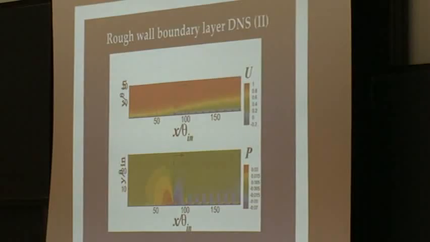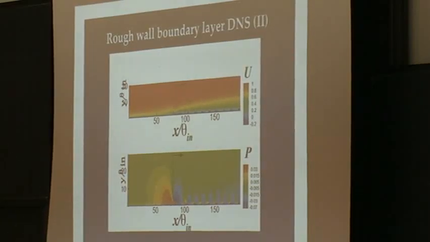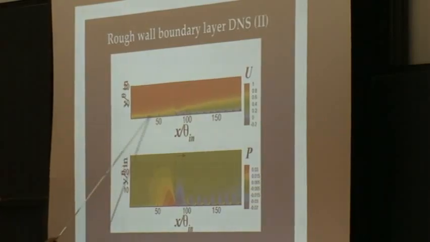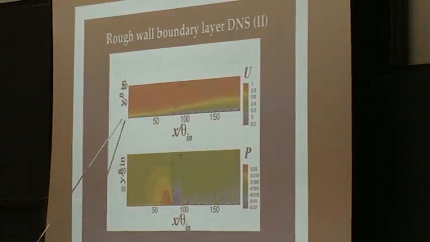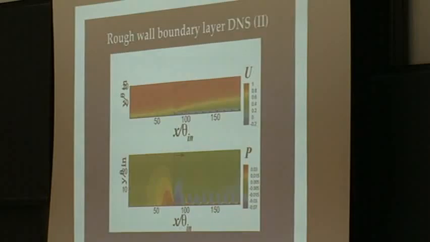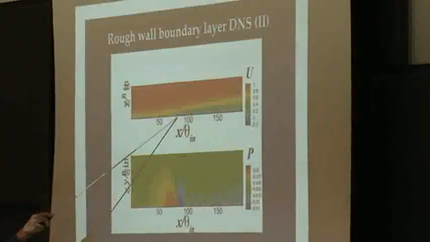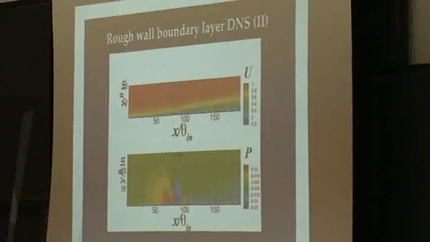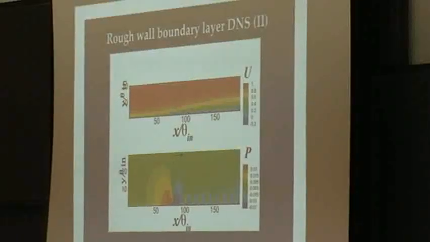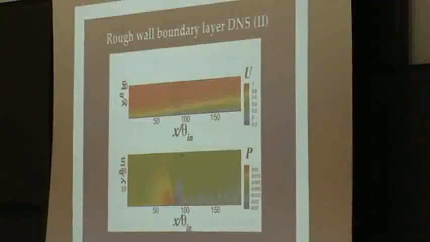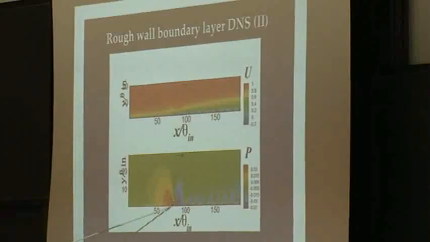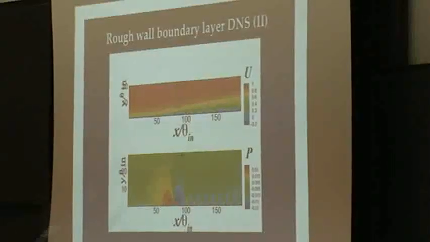This is again data which I borrowed from Professor Sung. So he has a smooth wall plate where he lets a boundary layer grow, and then he starts by introducing roughness elements, the same type as we used in the channel. And you see, initially you get, this is the velocity field, this is the pressure field.